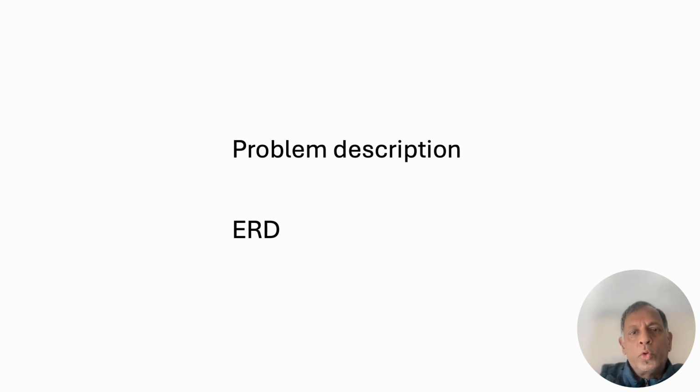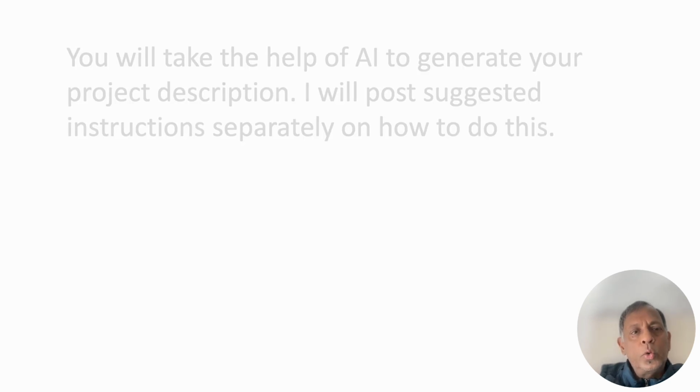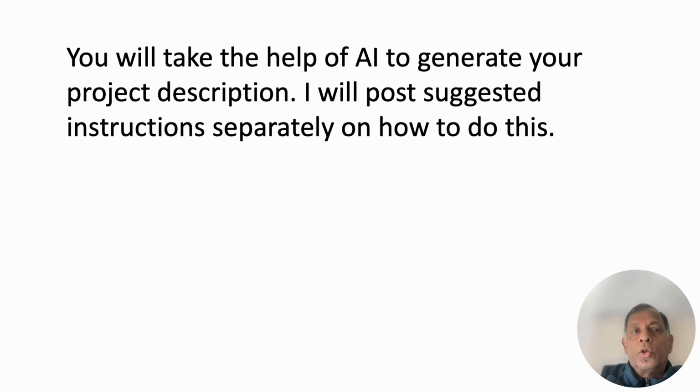So what I want you to do is to come up with two things. One is the problem description, and the second is the entity relationship diagram corresponding to that problem description. Now what you're going to do in this project is you're going to take the help of AI to generate your project description.